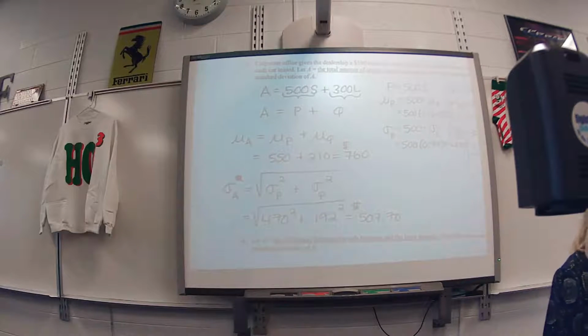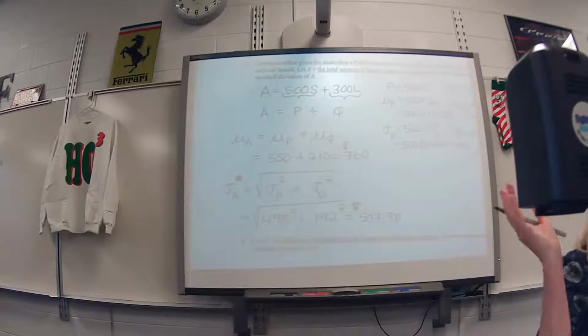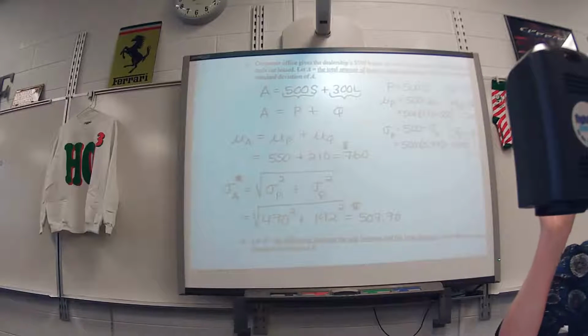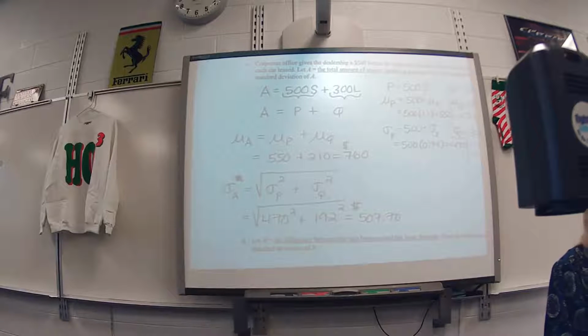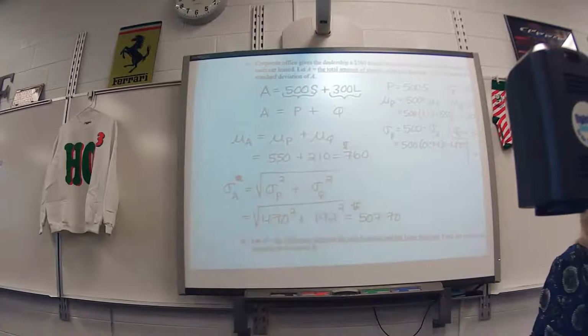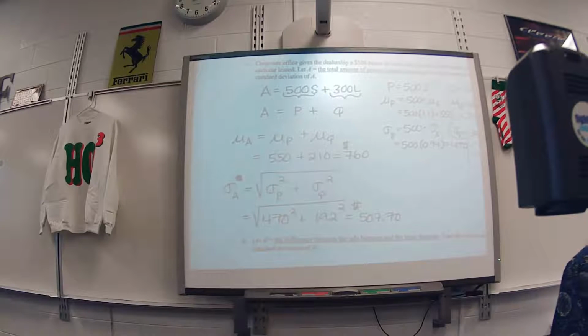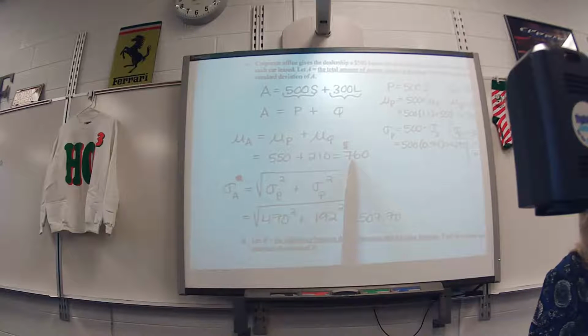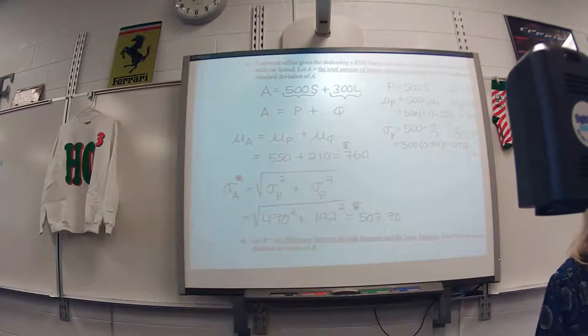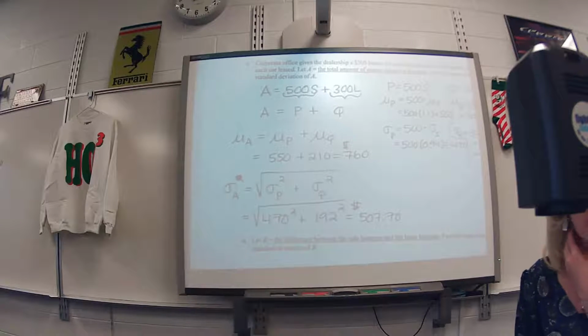And again, the interpretation of this is, in the long run, if one day is randomly selected, we would expect the amount of bonuses paid out in the first hour of business to be about $760. We would expect any one randomly picked first hour of the day to vary from that by about $507. Okay, you can still interpret it the same way.